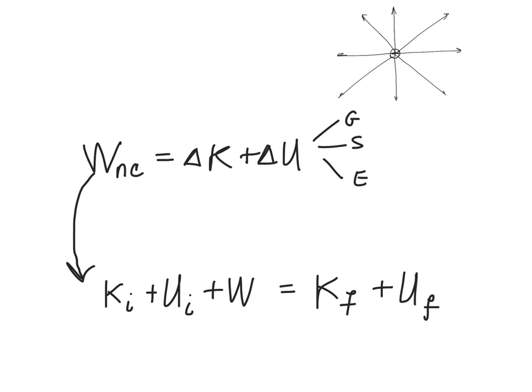But if we rewrite this, if you take the initial kinetic energy and the initial potential energy, and there's no work, it must be equal to the sum of the final kinetic energy and the final potential energy. But if there's work, the final energy could be bigger or smaller than the initial energy according to the work done.